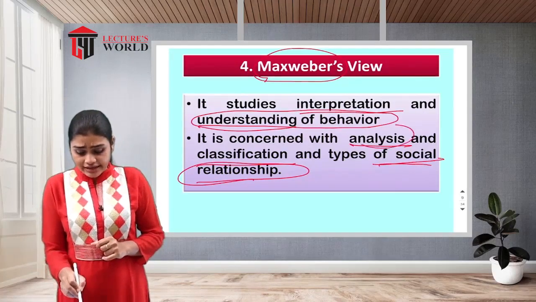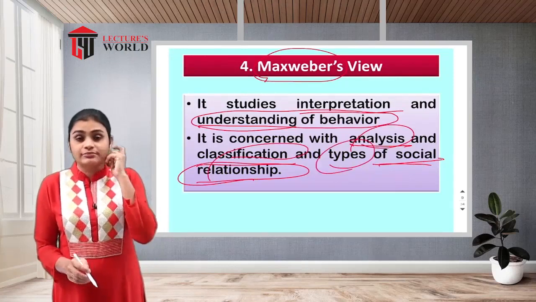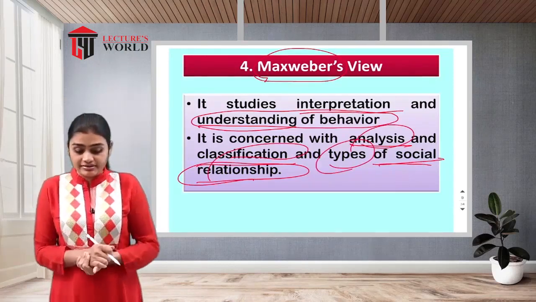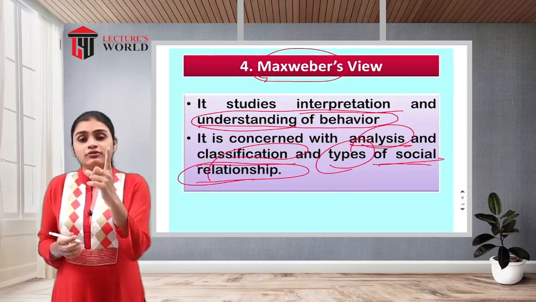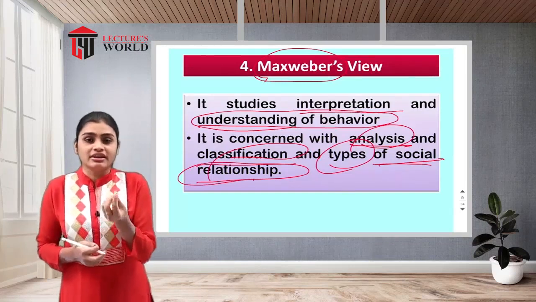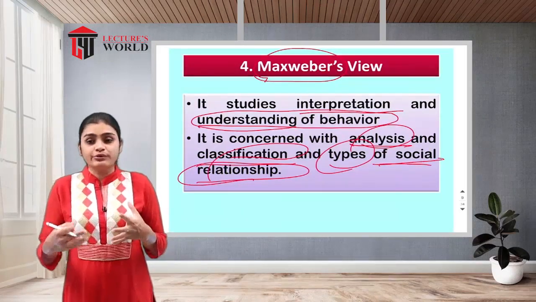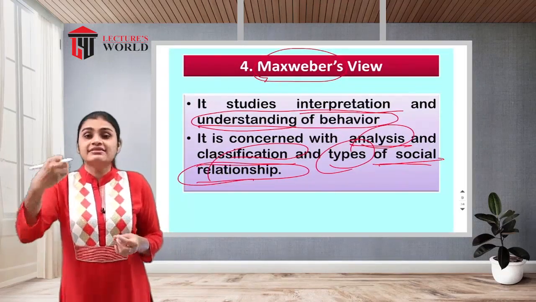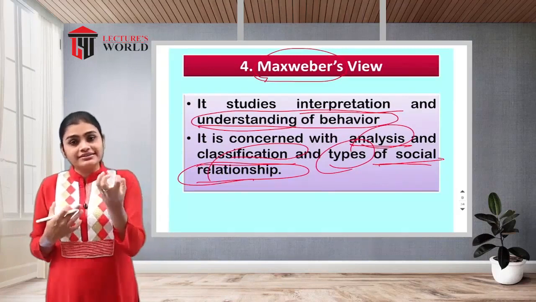So they have analyzed, classified and studied the types of social relationship, and why one individual is behaving in such a manner. If one individual is angry, why? What is the reason behind that? What is the particular reason why we are behaving in such a manner? What are all the things we are doing? What is our attitude? Why are all these things there?